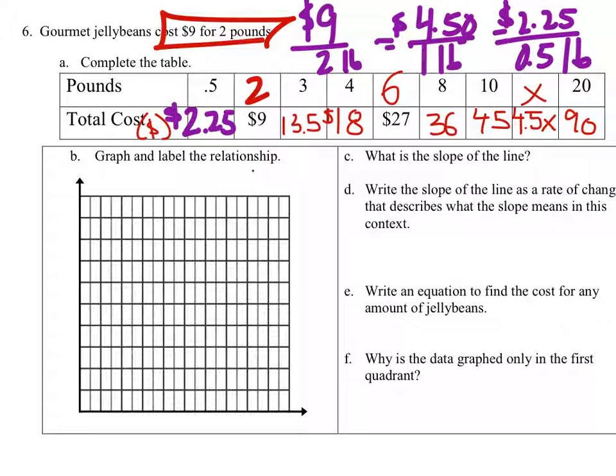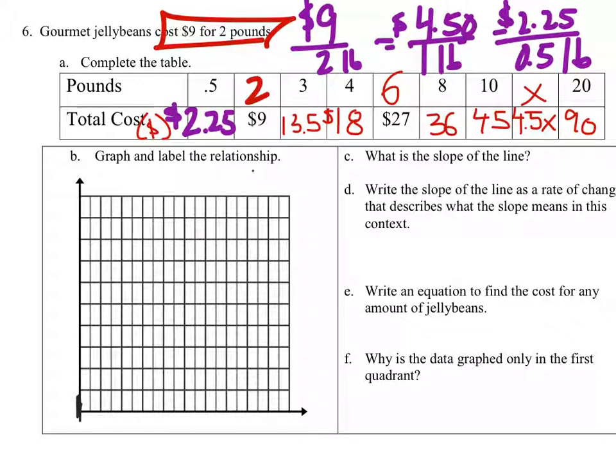All right, let's look at this right here. So we got to put a scale and a label for our x's. Now some of you guys remember that the x is the independent variable and the y is dependent. So which of these is dependent on the other? In other words, which came first, the chicken or the eggs?